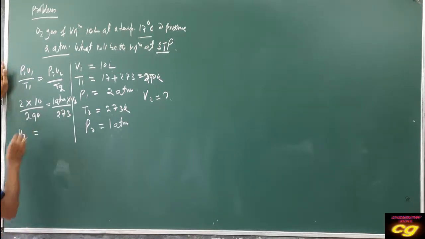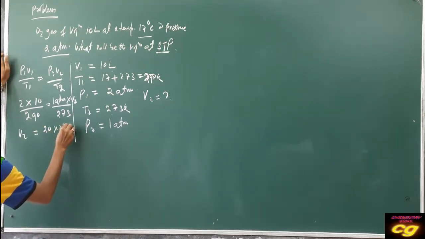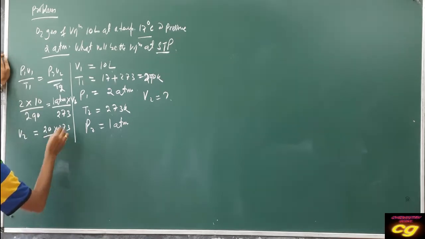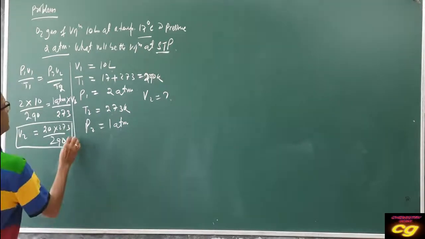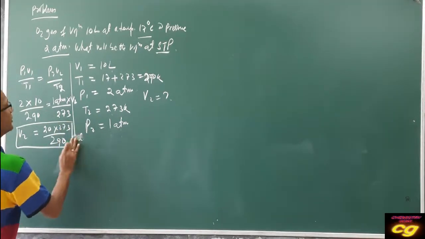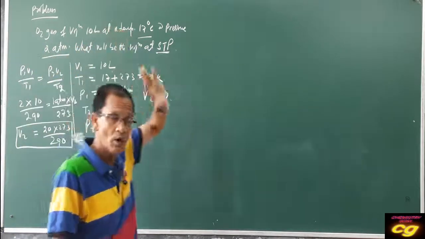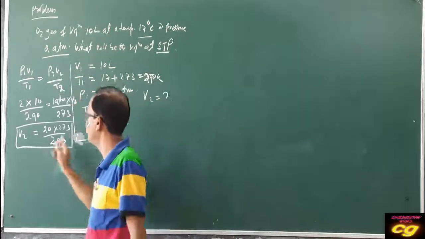V2 is equal to 20 into 273 by 290. So this is the value of V2 that you get. It will be in liter, because in the question we have given the volume in the unit liter, so the answer will be in liter.